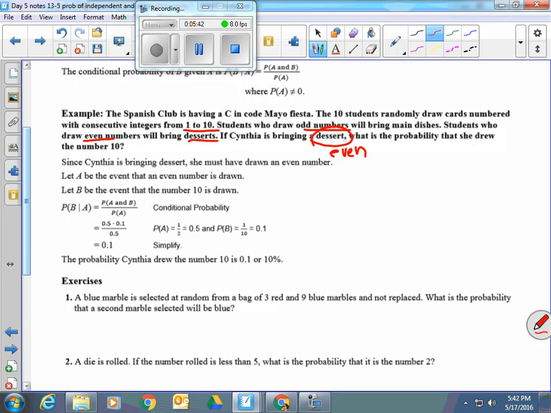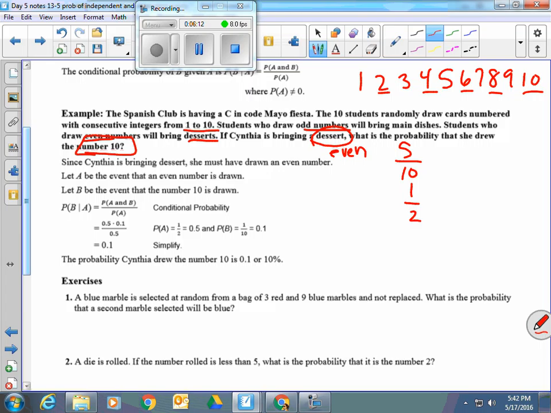Well, first off, what's the probability of her getting an even number? Well, it's half, because I have 1, 2, 3, 4, 5, 6, 7, 8, 9, 10. 1, 2, 3, 4, 5 out of 10 numbers, which is 1/2. And then what's the probability that it's a 10?